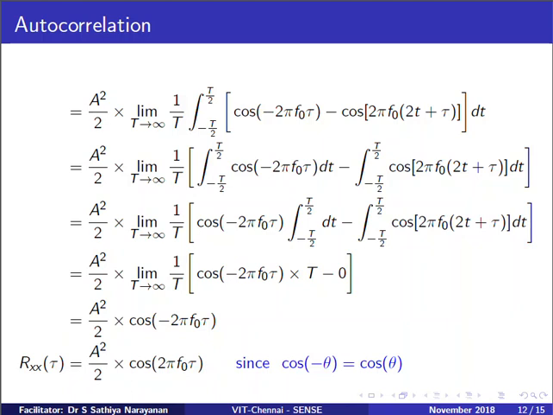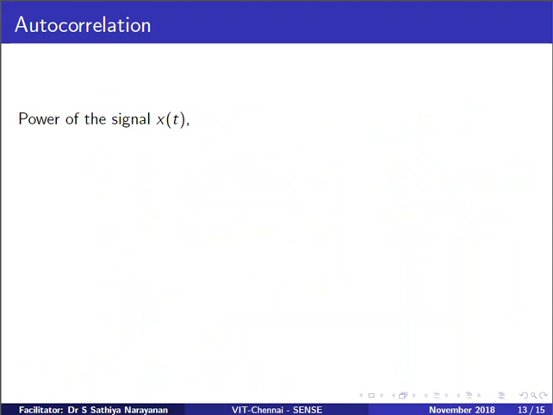So let's move on to the next step in this problem, evaluating the power of the signal x of t. We have our Rxx of tau as A square by 2 cos 2 pi f naught tau. Now we will put tau equal to 0 to obtain the power.